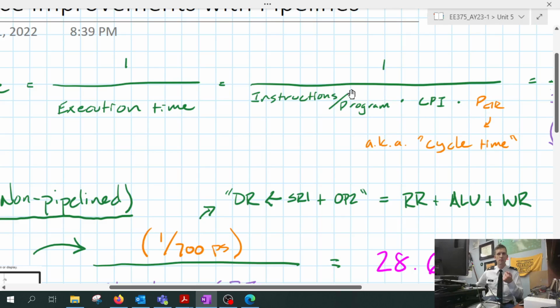If we multiply all these together, we get a value in units of seconds that reflects exactly how long it should take this processor to run a specific program. If between 2 computers one can run the exact same program in less time, then that computer is said to have better performance.